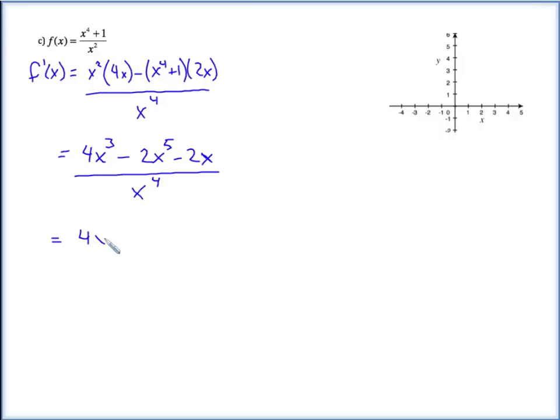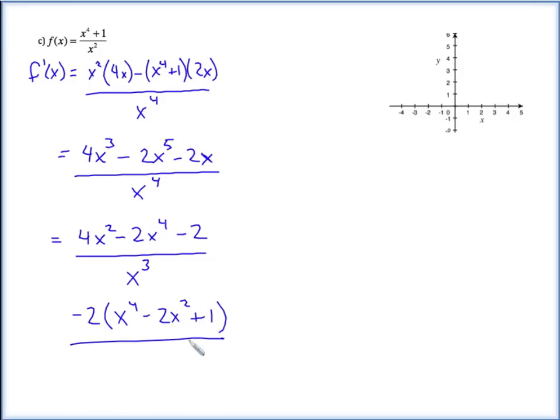So we get 4x squared minus 2x to the 4th minus 2 over x cubed. And I should probably rewrite this here as negative 2x to the 4th minus 2x squared plus 1 over x cubed.